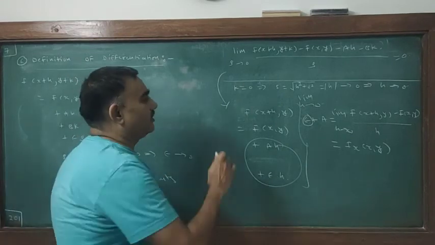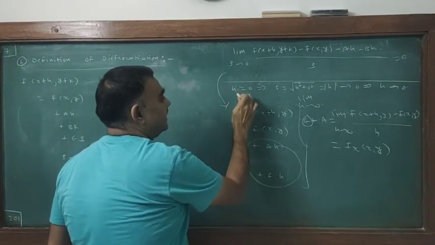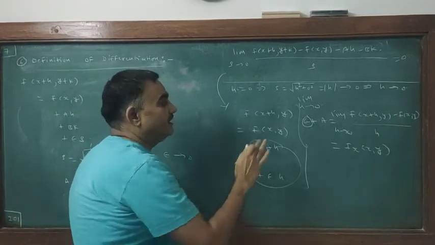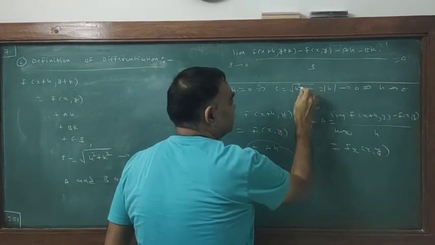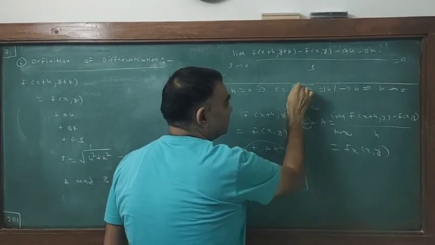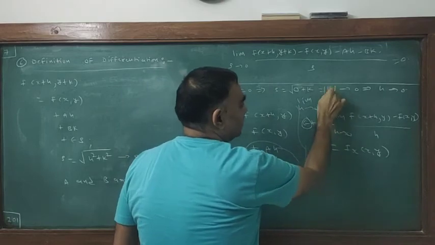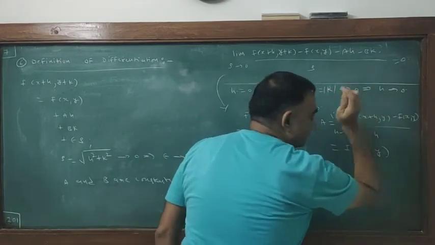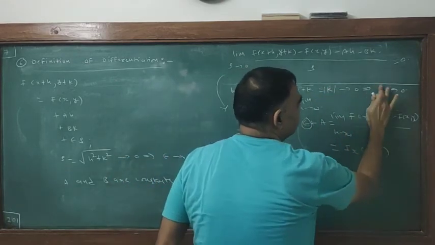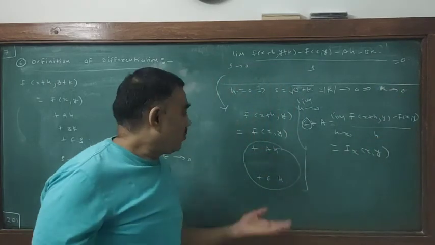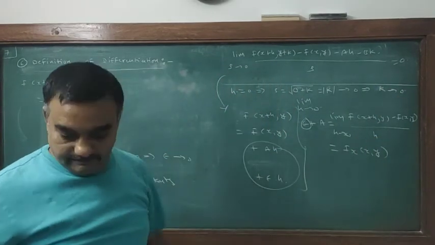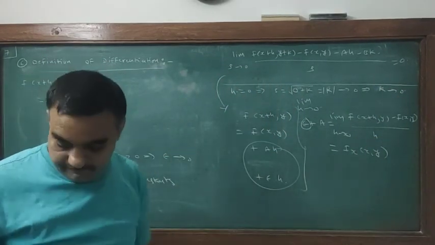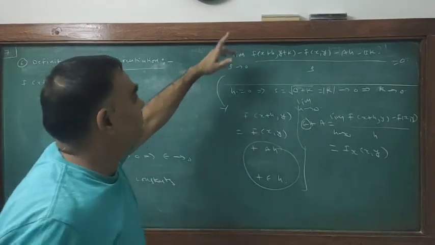Further, in the same context, if I say h is 0, this is k square, which is mod k, means k tends to 0. What does this equation become?